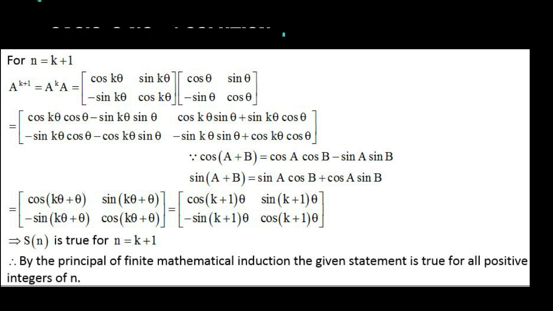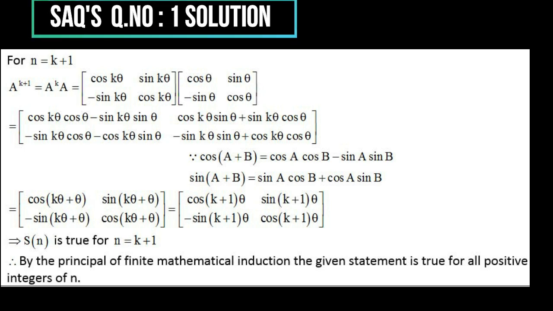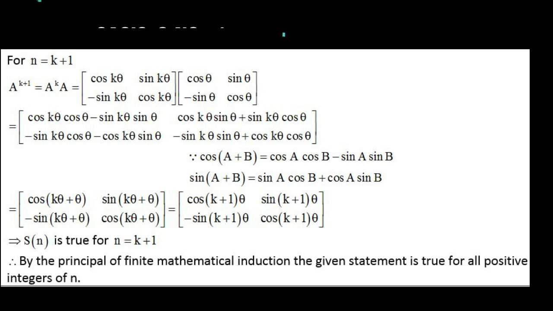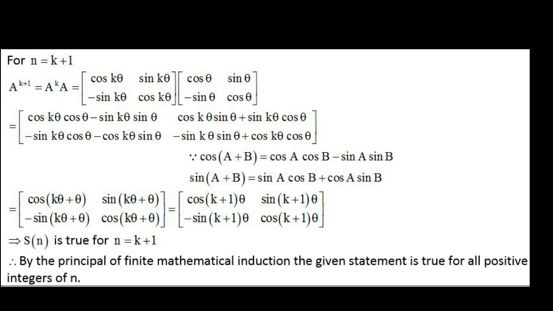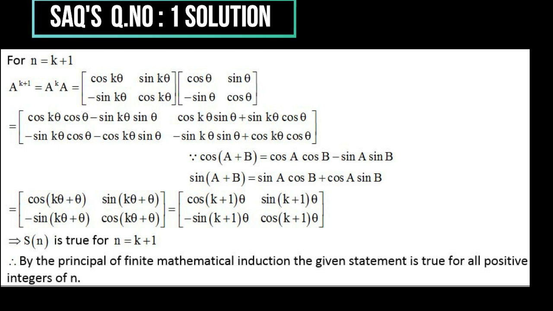For this we consider A power k plus 1 is equal to A power k into A. That is equal to multiplying these two matrices. Multiplication means multiply the first row with the first column of the matrices. Then we get cos k theta cos theta minus sin k theta sin theta as the first element.